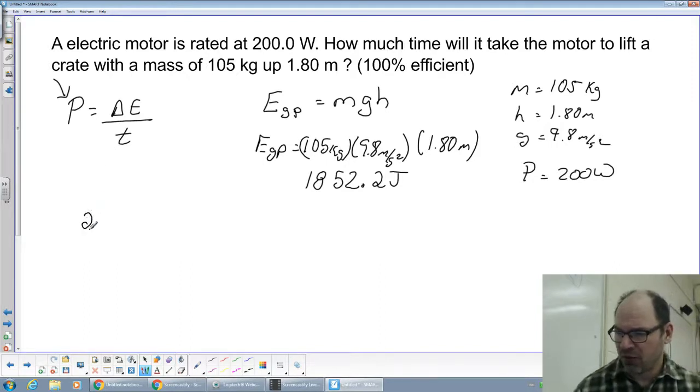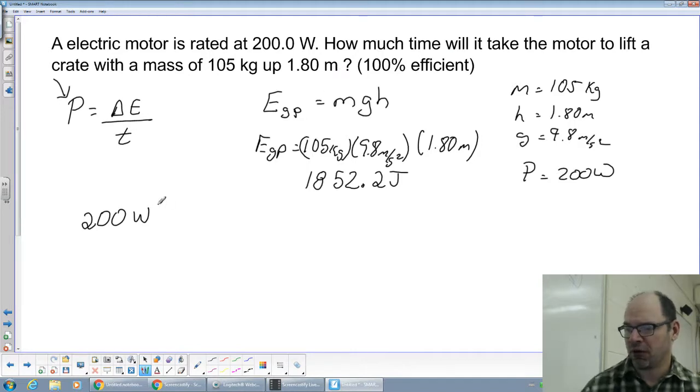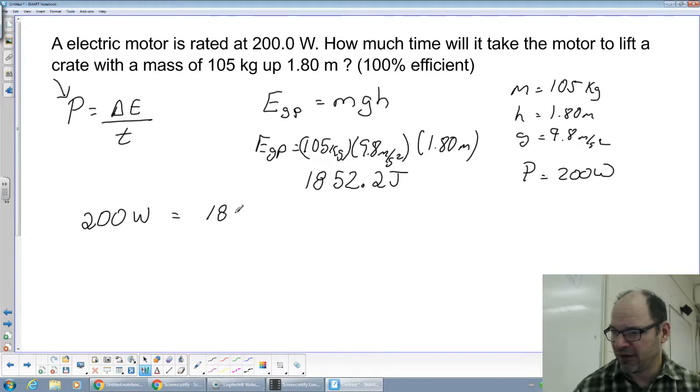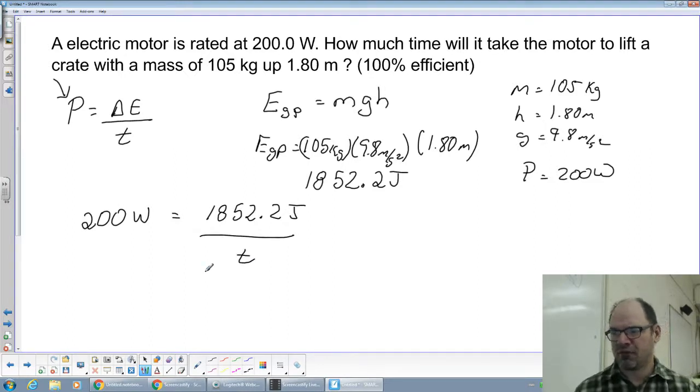Okay, and then we can use the power equation. We know that power is 200 watts. 4 significant figures, 3 significant figures, and 3 significant figures. So we're going to round it off to 3 significant figures. Our energy is here. And here we have our time on the bottom. So how do we calculate this one? Well, we have to rearrange it.